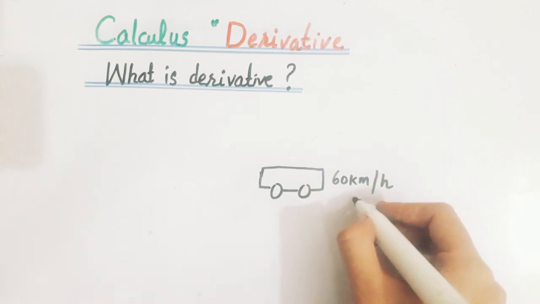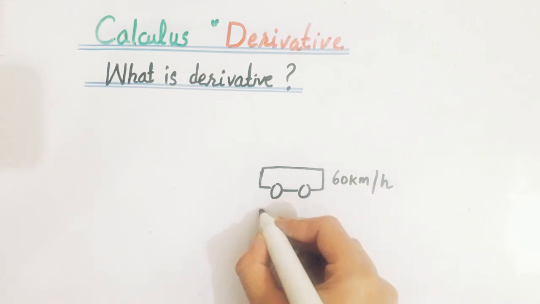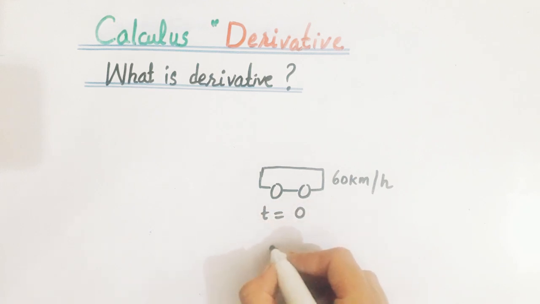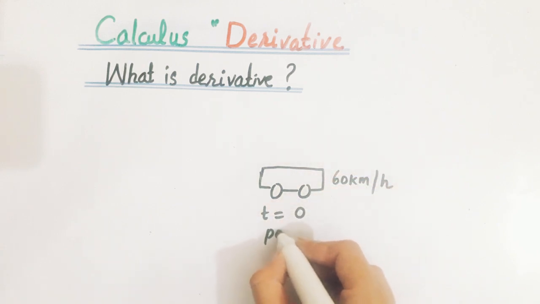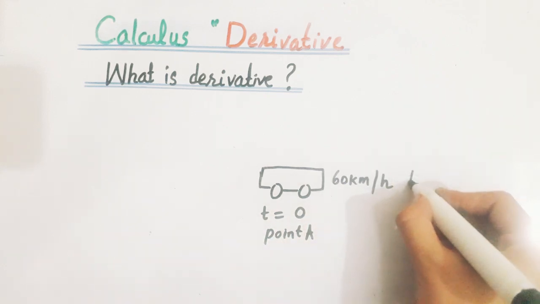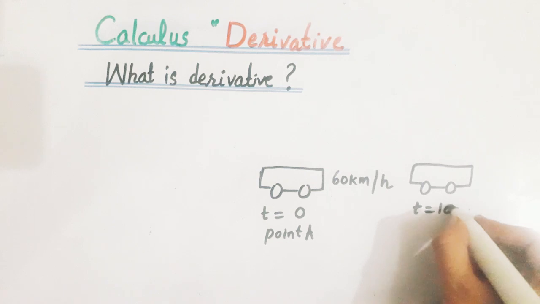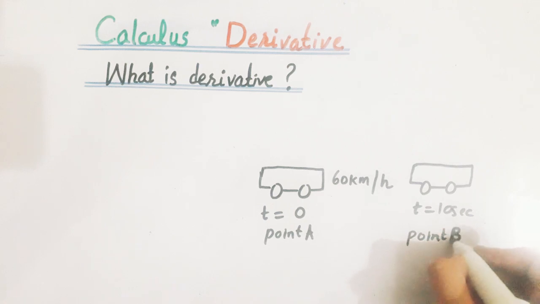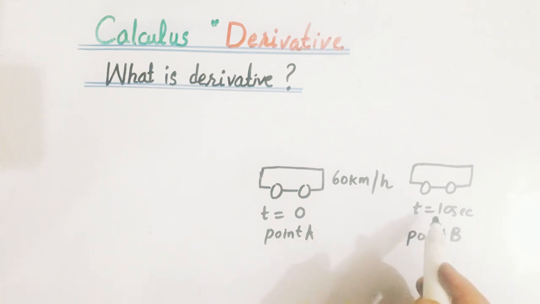So consider this is the initial position where time is 0, and this position is point A. After 10 seconds, your position is at point B. It means you changed the position in time 10 seconds.